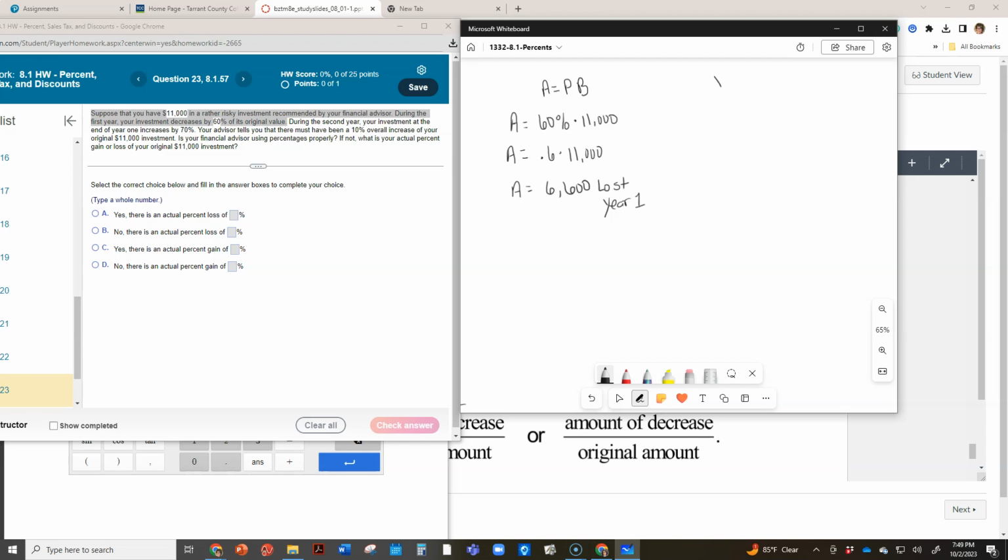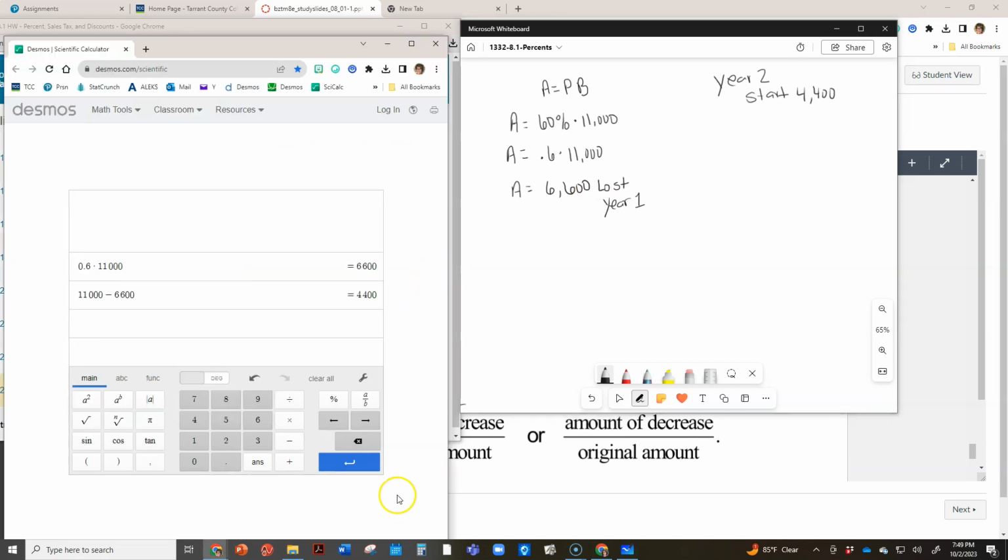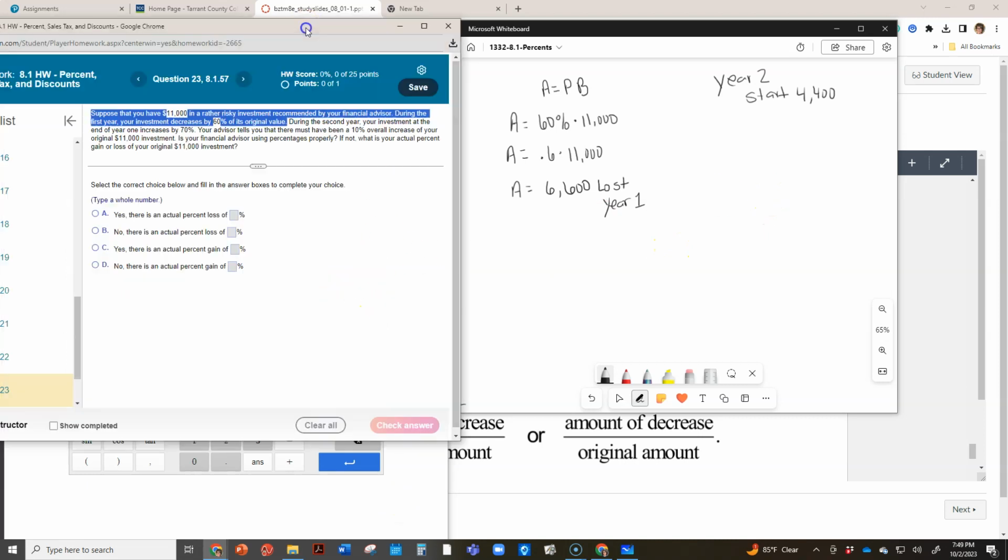So that means for year two, we only start with, was it 4,400? Yeah, 4,400. So what happens in year two, we're going to use the same formula.